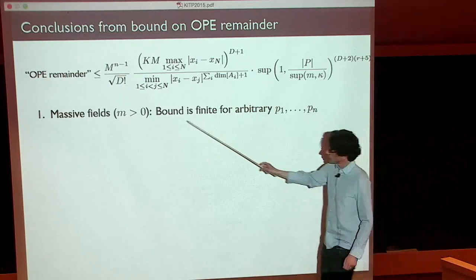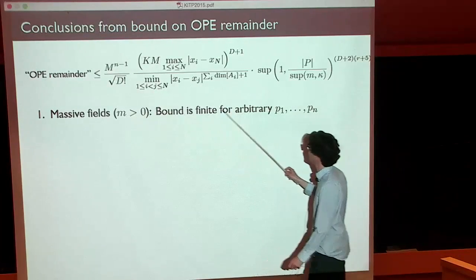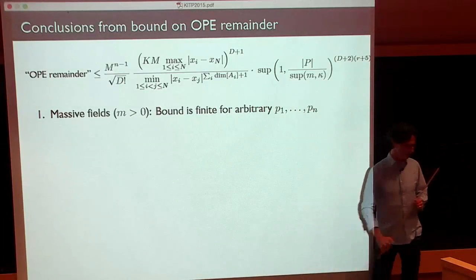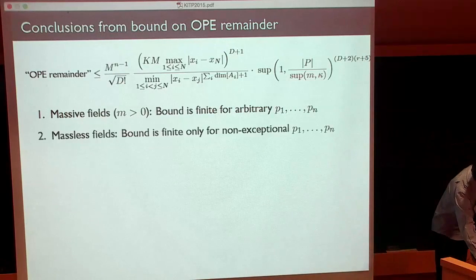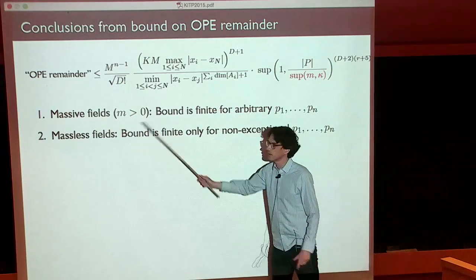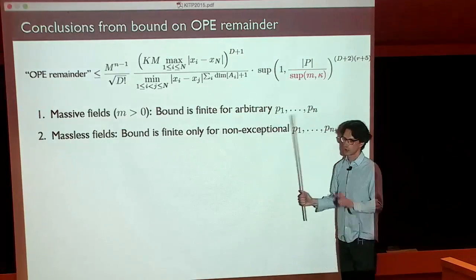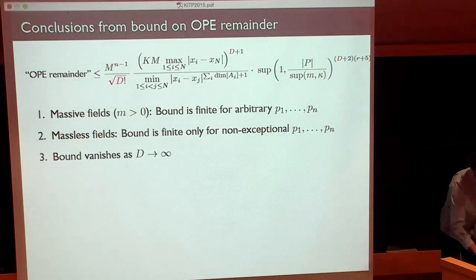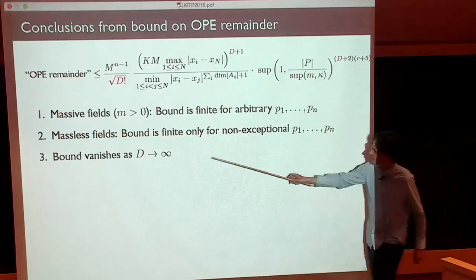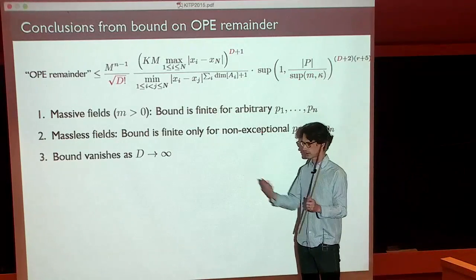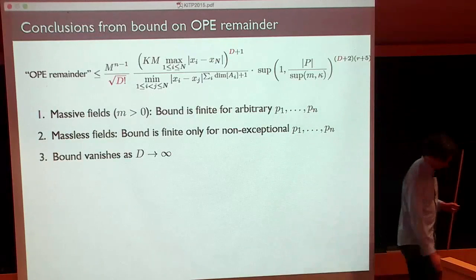And for massive fields, the bound is finite for an arbitrary configuration of momenta. You don't have to worry about exceptional momenta. And for massless fields, everything is just infinite anyway for exceptional momenta. And as I said, the bound vanishes as d goes to infinity, which means the remainder goes to 0, which means by definition that something converges.